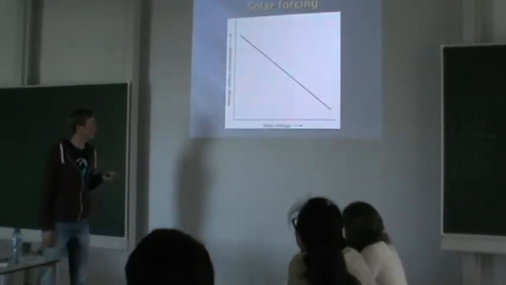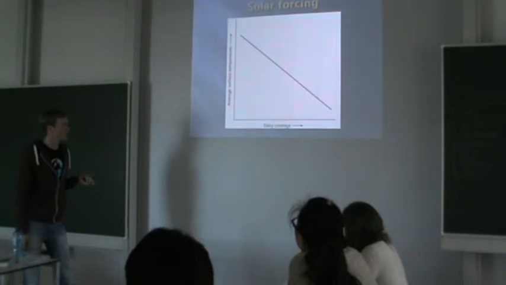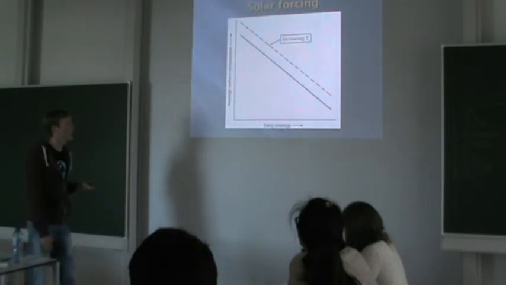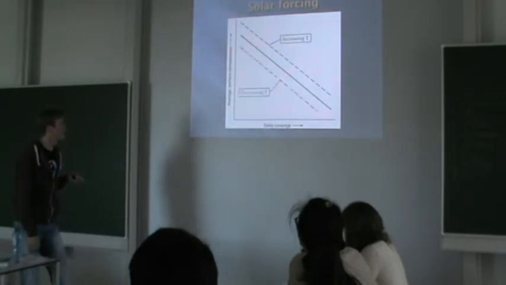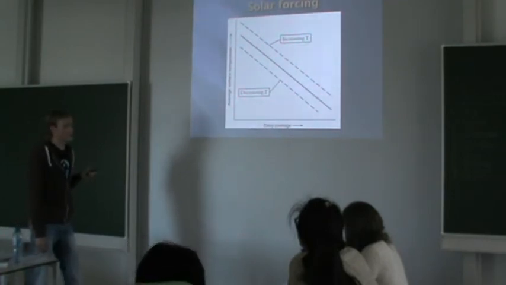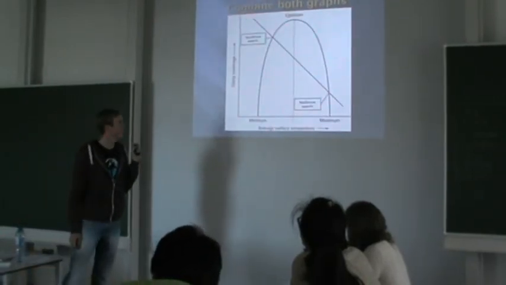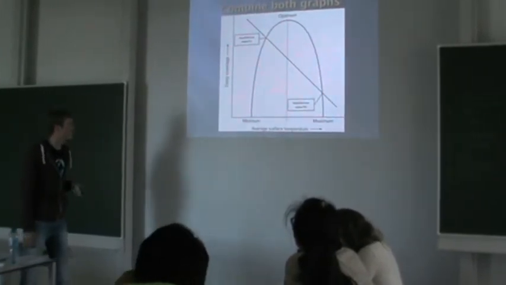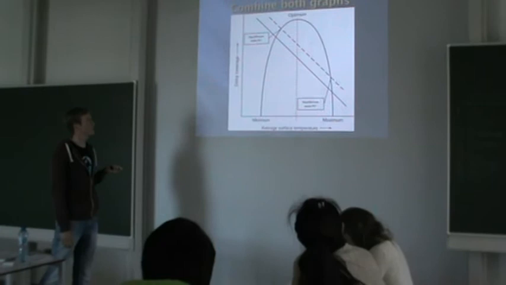It will have an effect on the daisy coverage, and the surface temperature will change, as this line will shift upwards if you have an increasing incoming radiation. And the line will shift downward if you have a decreasing incoming radiation. And what will happen in the overall graph, you will see that the equilibriums will shift.